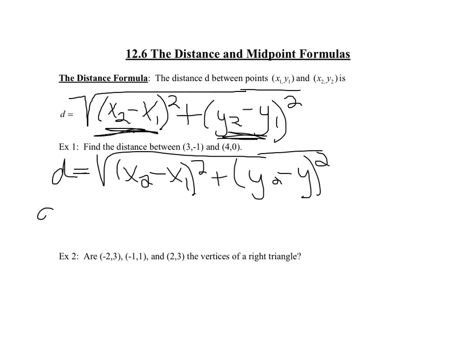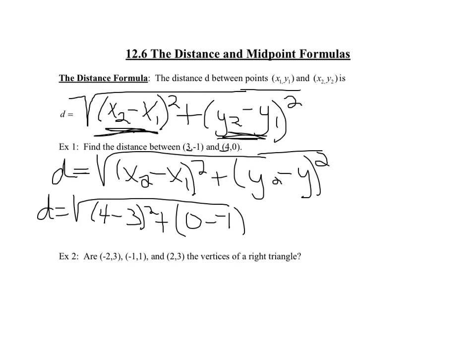So we're going to do the square root of, for my x values, 4 minus 3 squared, because you get your x values from your points, plus the y values, which would be 0 minus -1 squared. So this would be the square root of 4 minus 3, so it's 1 squared, plus 0 minus -1, which is plus 1, so it would be 1 squared.